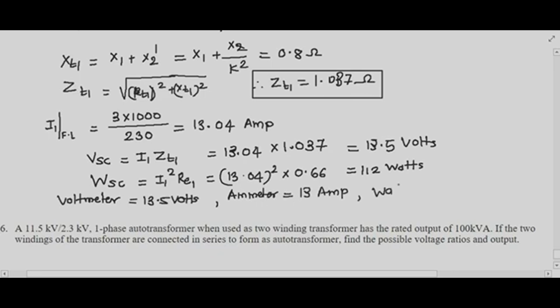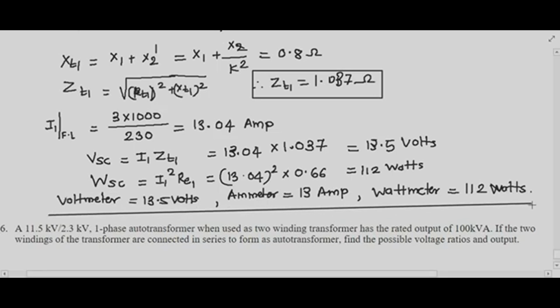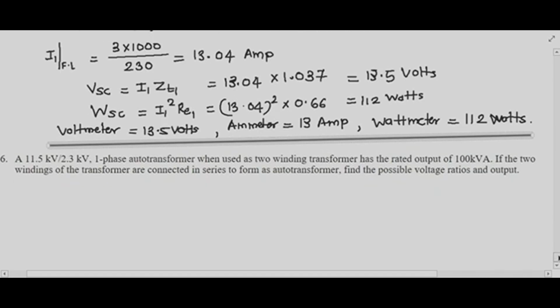And my wattmeter will show me a reading of 112 watts. I hope it is clear to all how to find the meter readings when we have performed the open circuit and short circuit tests on the transformer.